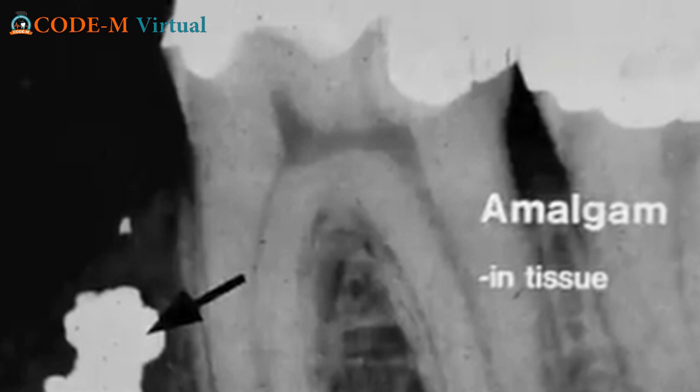Clinically this type of situation is called amalgam tattoo, and while examining intraorally, it appears as a bluish gray on the tissue.